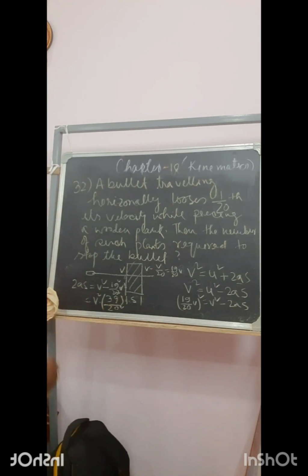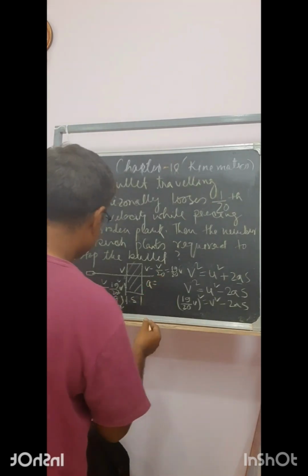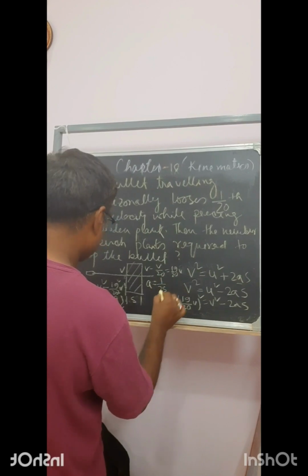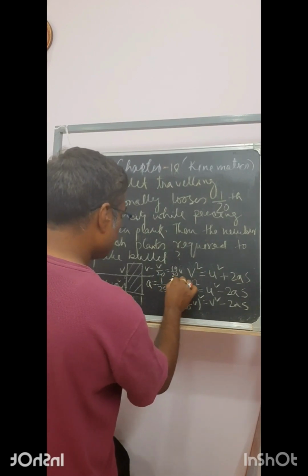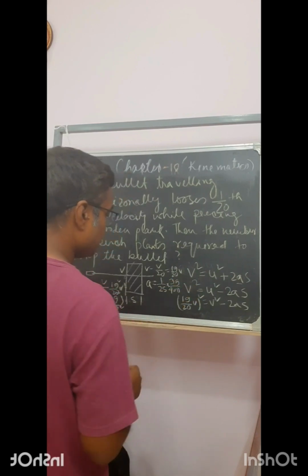So this is the case when a retardation A is given as 1 by 2s into 39 by 400. Okay, this will be the case.